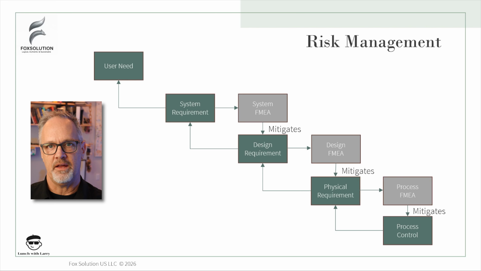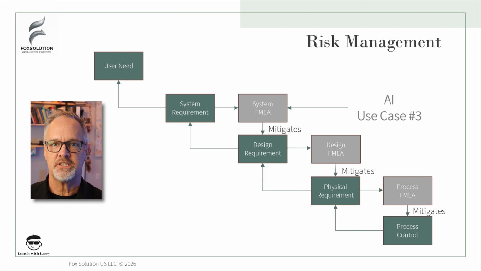That's really what this is all about. In our risk management session, we're going to talk about this in more detail, but this is a really nice way to enhance and improve your requirements over time. Third use case for AI here is to use it to help us construct the error model and the mitigation strategy for failure of any particular level of the requirement. So that's another nice use of the tool.